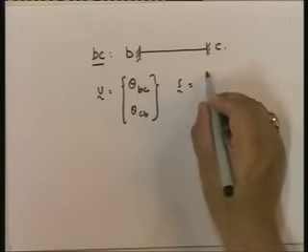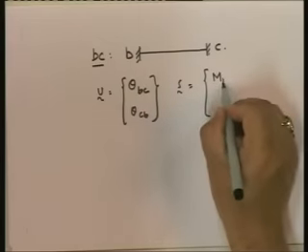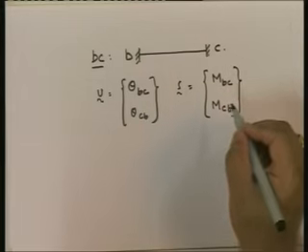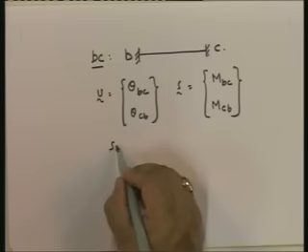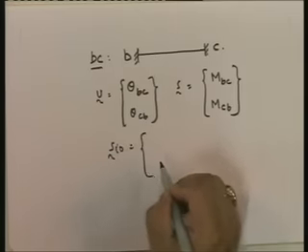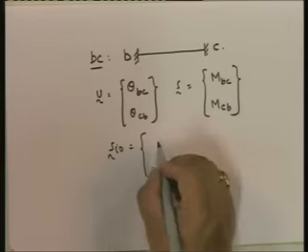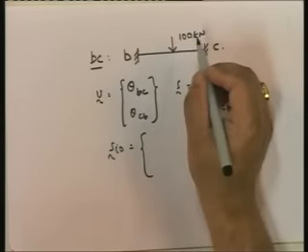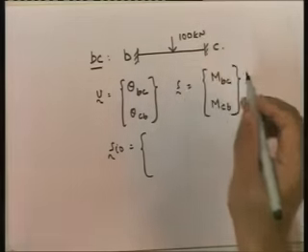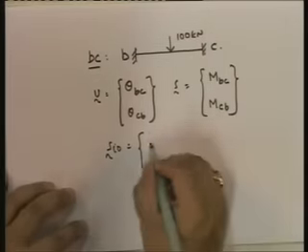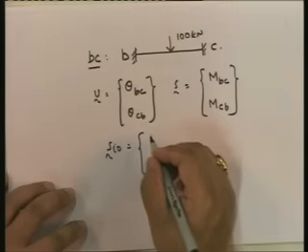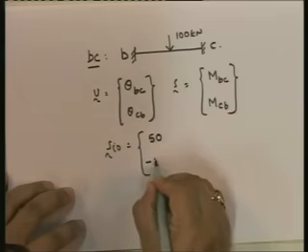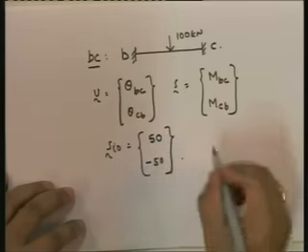S is equal to M_BC, M_CB. S_I0: now here there is a loading, and the loading is 100 kilonewtons, so this is going to be PL upon 8, which is plus 50, minus 50.